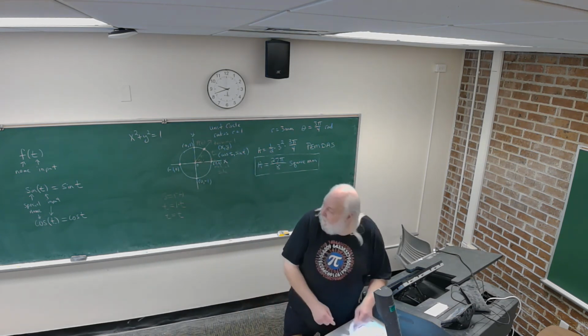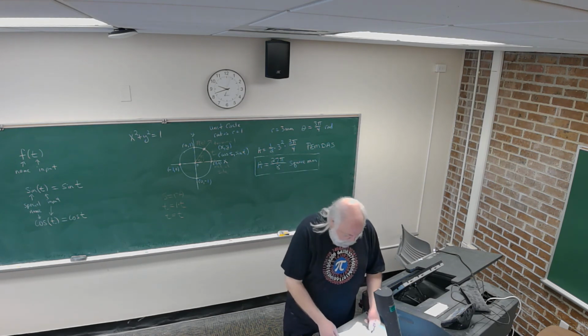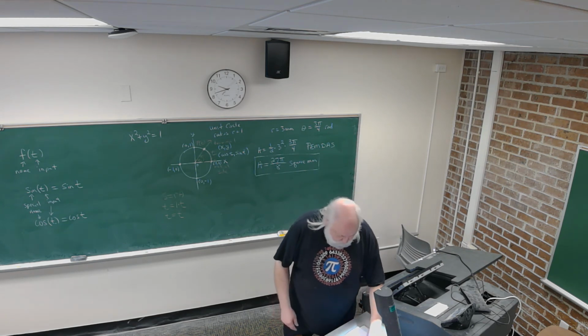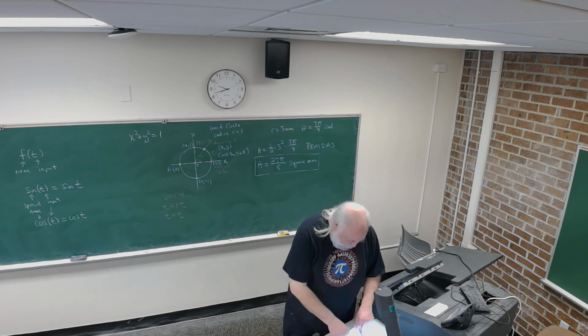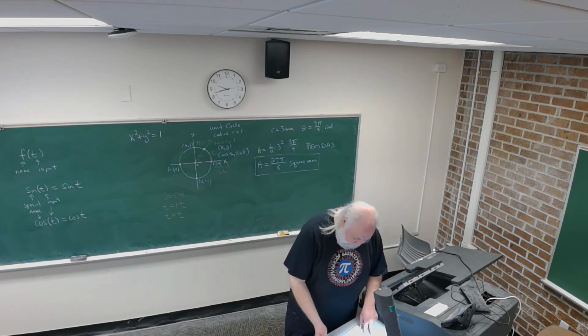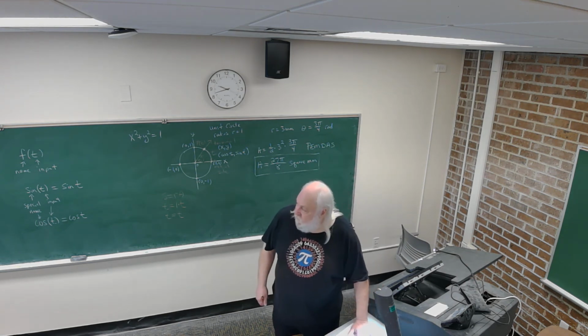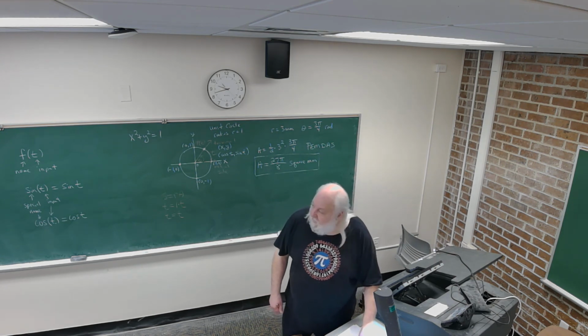So you flip over to page 2. At the top, we have an example of the Pythagorean identity on the previous page. So this says the angle 8 is in radians.